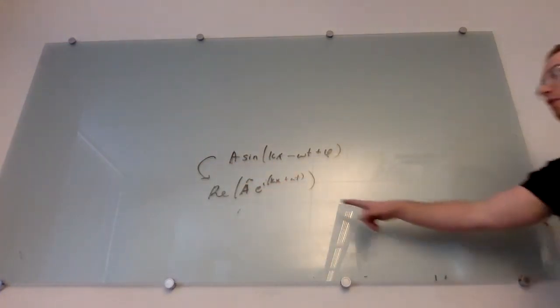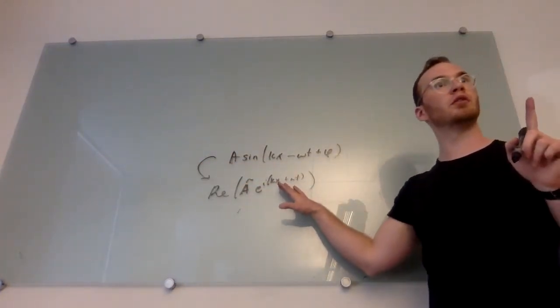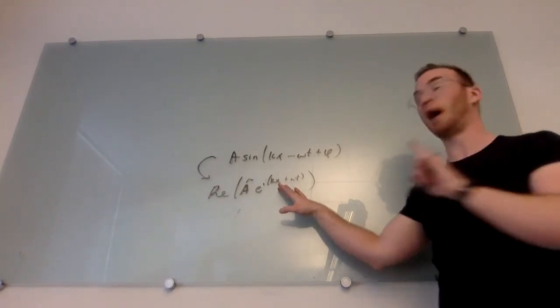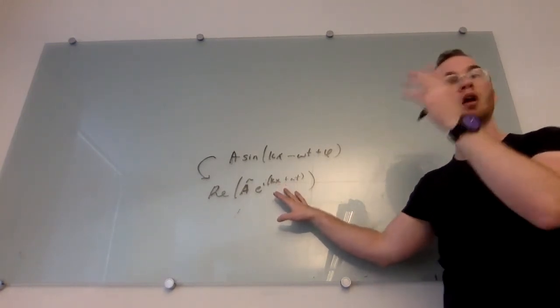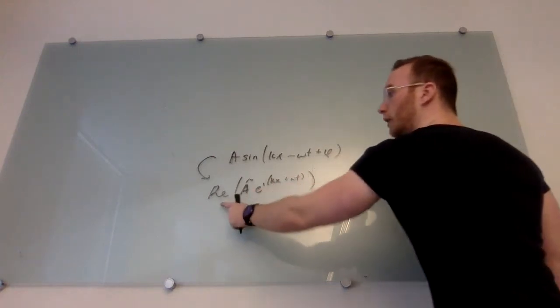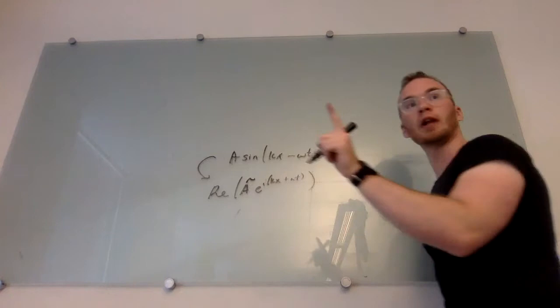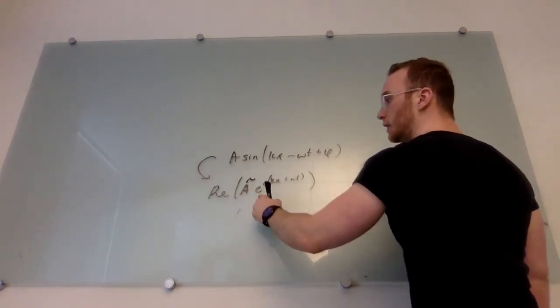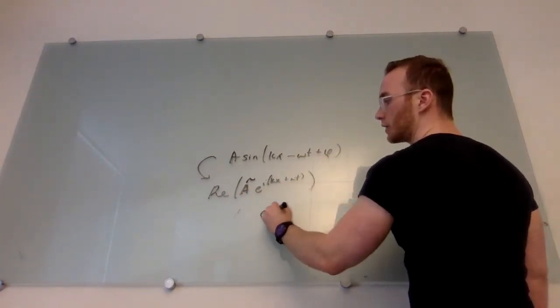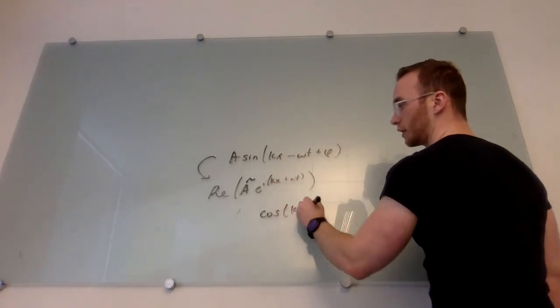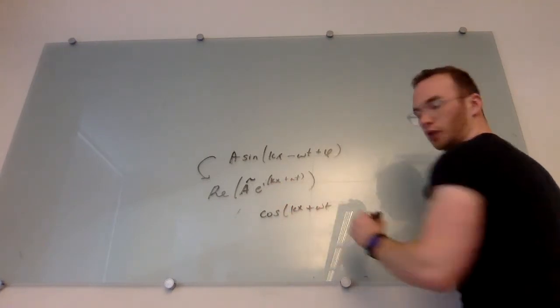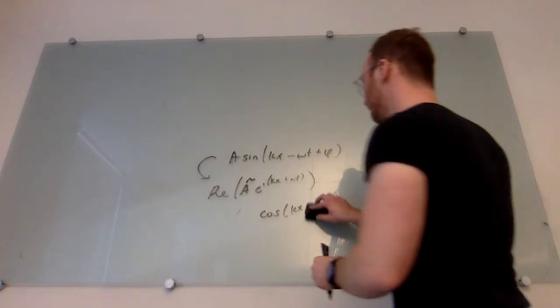Remember, there was a similar problem on the last homework without the t part. Let's pretend that A is real for now. The real part of this would just be the cosine of whatever this is. It doesn't matter what this is. They use a minus in the first part.